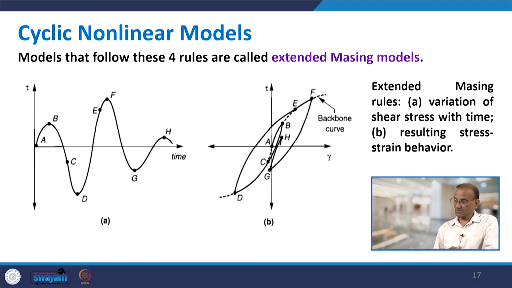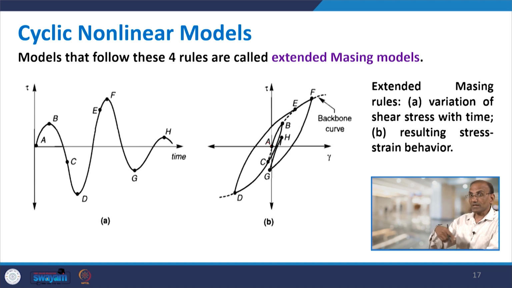In part A you have stress with time, that is called the stress time history. In part B you have the resulting stress strain behavior, with stress on the y axis and strain on the x axis. Point A is the initial point, time is 0, stress is 0, and strain is also 0, so point A corresponds to the origin.